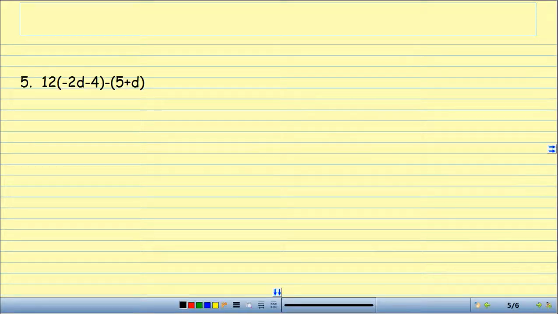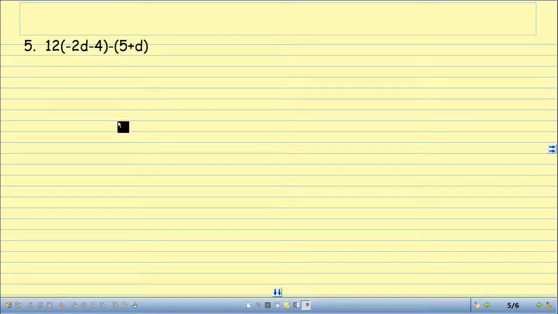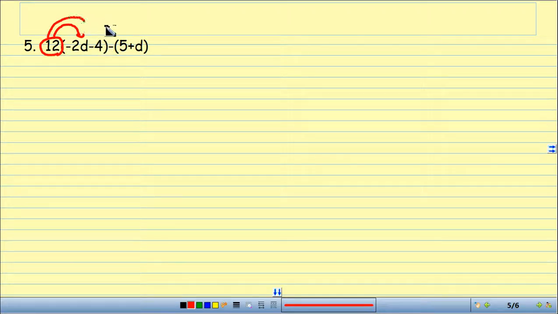Now, last one I have over here. I have 12 times the quantity of negative 2d minus 4 minus the quantity of 5 plus d. So for this one, I'm going to distribute the 12 into negative 2d, and I'm also going to distribute it into negative 4.